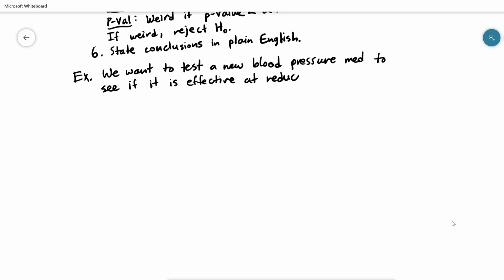And there's 2 types of blood pressure: diastolic and systolic. Those of you that are going into some medical related field probably know more about it than I do. So let's just pick one of them. Let's say that in this case, we're trying to reduce systolic pressure.